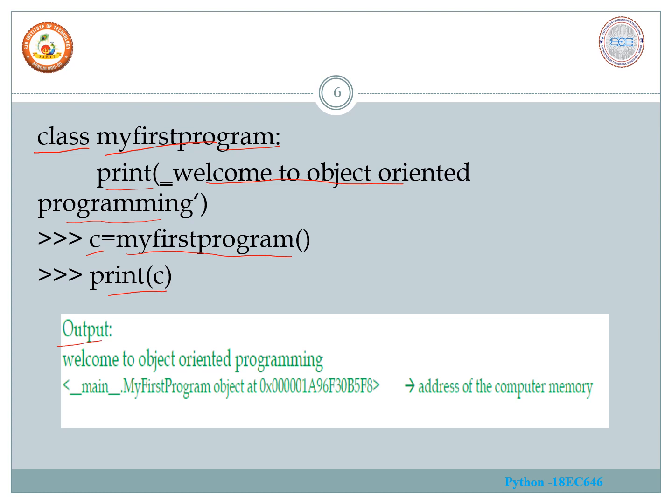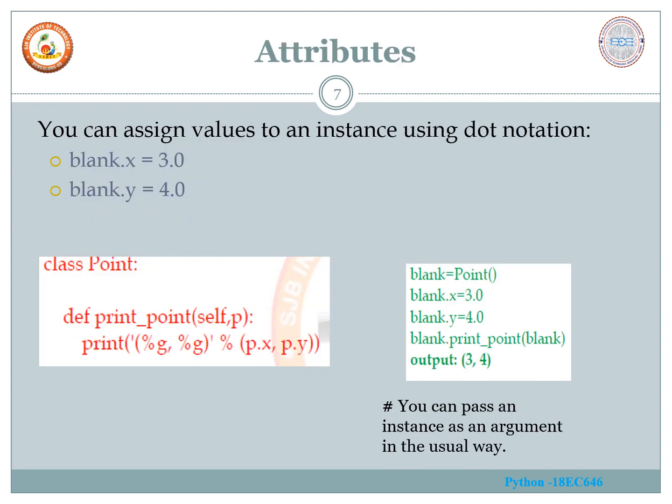The output would be something like this. First, it will display welcome to object oriented programming, and it will display which object it is taken from. It is a my first program object which is located at a memory address location of your computer memory. Next, we are going to discuss the next concept called attributes.